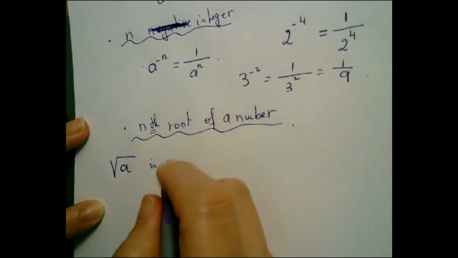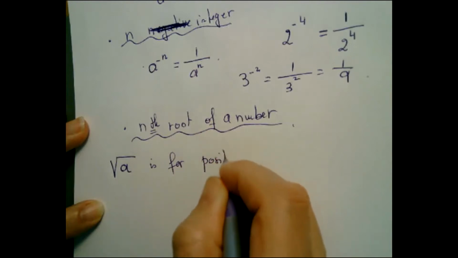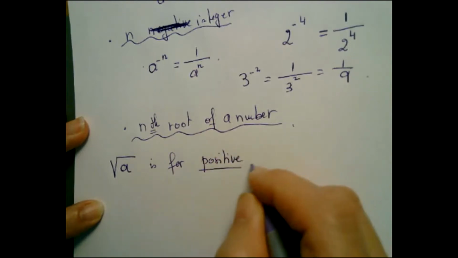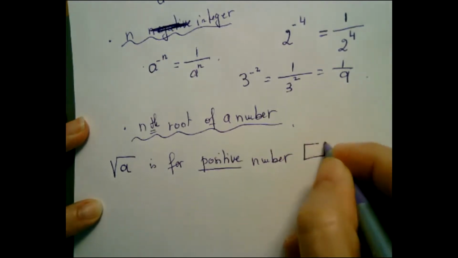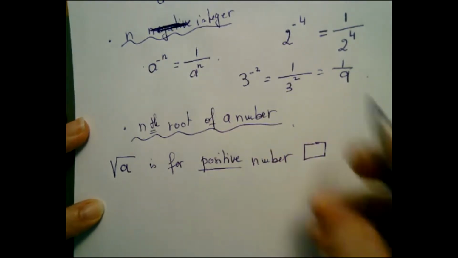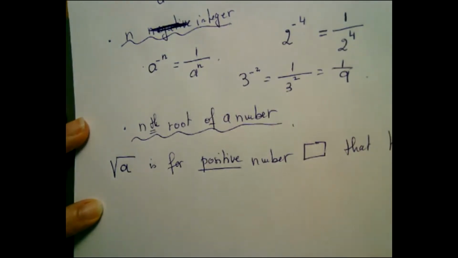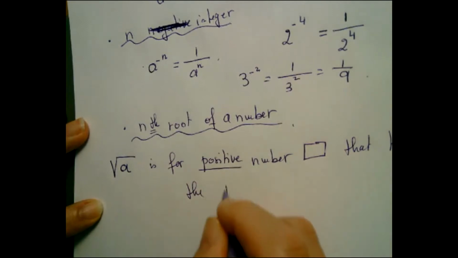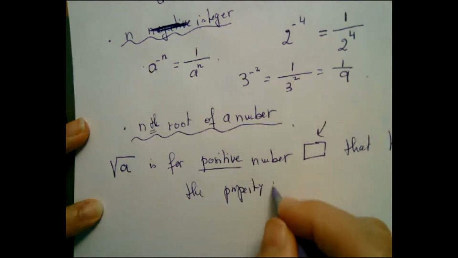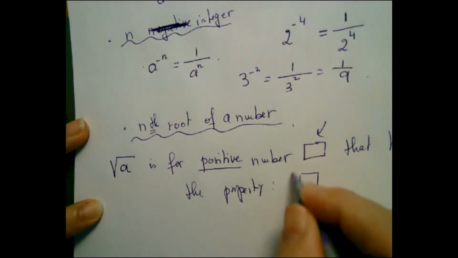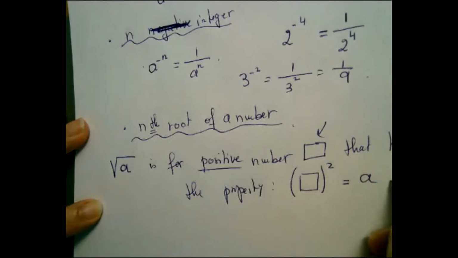It's a symbol for the positive number, that I can call a box, just as simple as that, such that it has the property. What property does this positive number have? When you take it and you square it, you get a back.